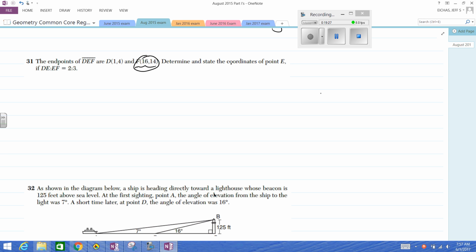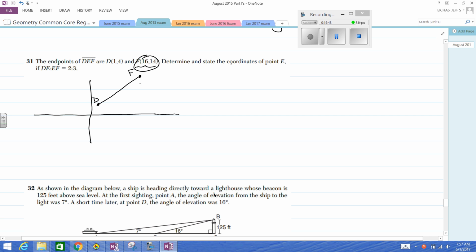Yeah. So I guess I'm going to have to sketch this and just give estimates. Sorry, that was awful. 1,4 is going to be approximately there. Okay, 16, 14. Somewhere up here. All right, so that's approximately where F is.